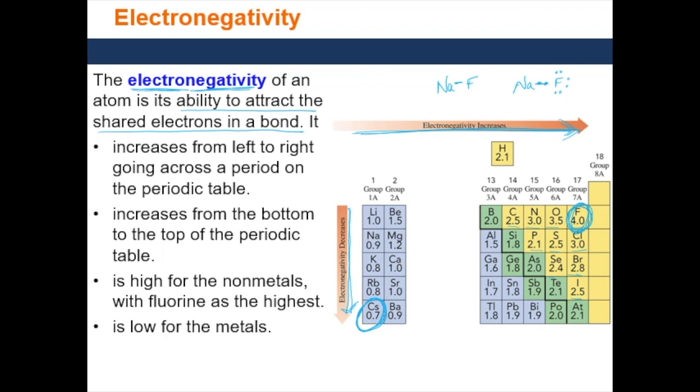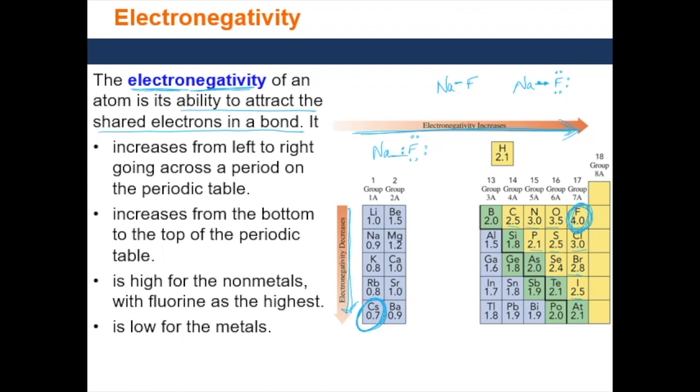Ideally, these two electrons would be shared in between because they are equally shared by both the atoms. Fluorine is sharing one, and sodium is sharing one. So ideally you would think electrons would be in the middle, but because fluorine is so much more electronegative, it usually takes these electrons and pulls them towards itself, even though they are still shared.